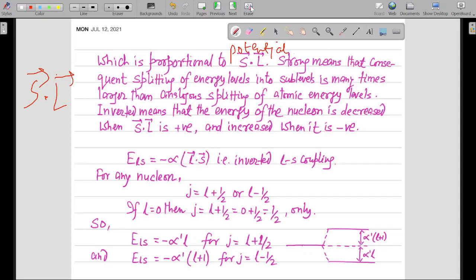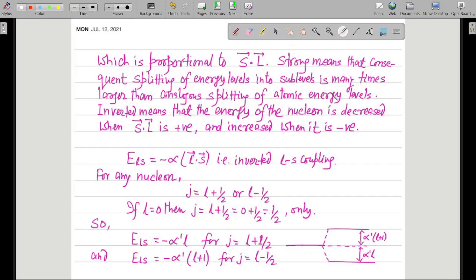What are this S vector and this L vector? You have already learnt them in the lower classes and also in the previous lectures of this series. Now, strong means that the consequent splitting of energy levels into sub-levels is many times larger than the analogous splitting of atomic energy levels.